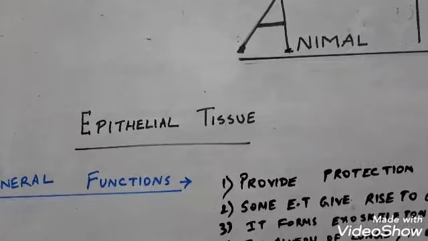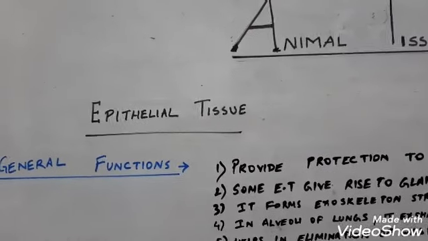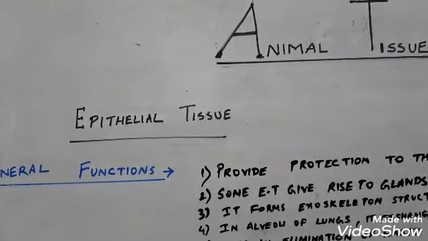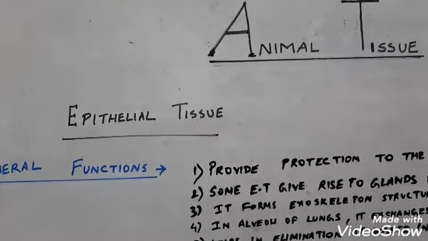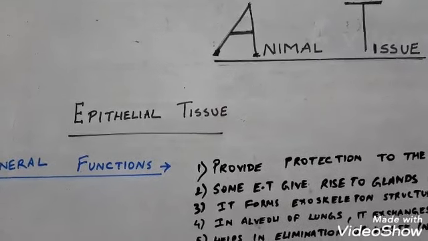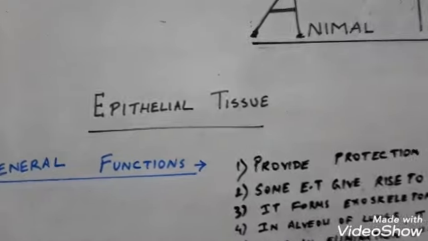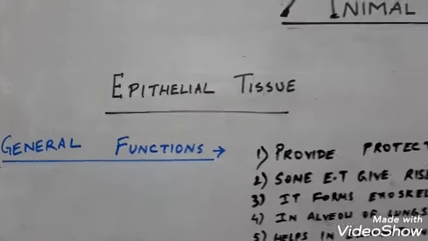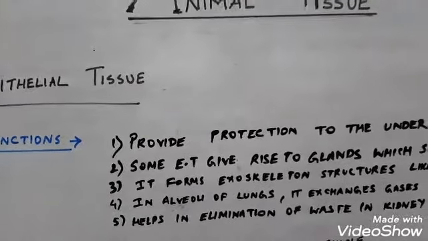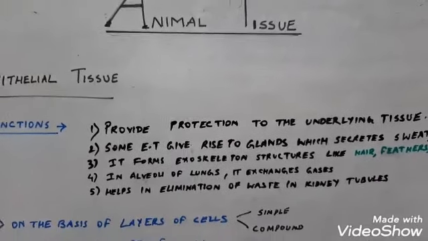Now epithelial tissue, as you already know, forms the covering tissue, or it forms the external covering or internal covering of the body organs of any animal. Now what are the general functions of this epithelial tissue? Epithelial tissue provides protection to the underlying tissue present below it.